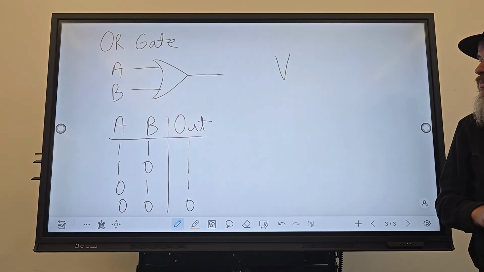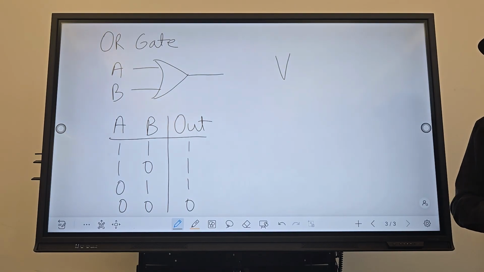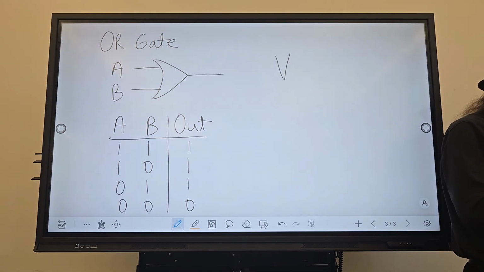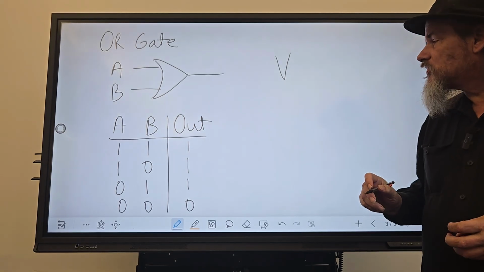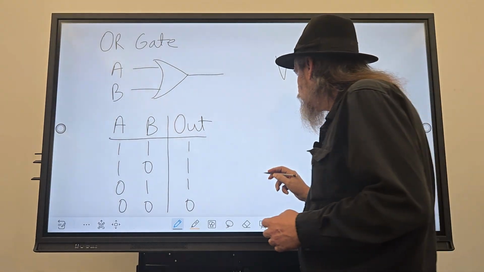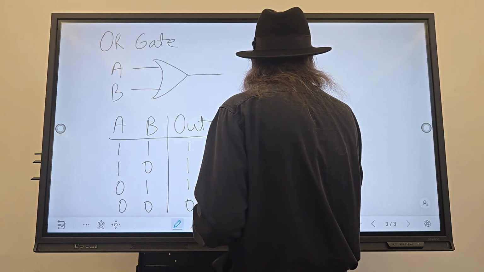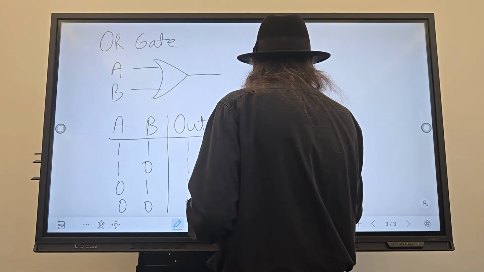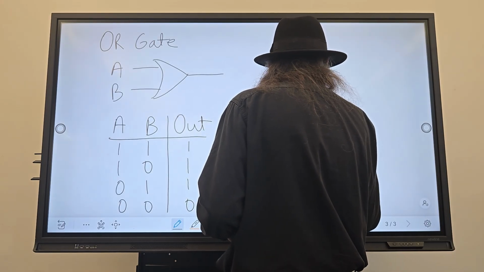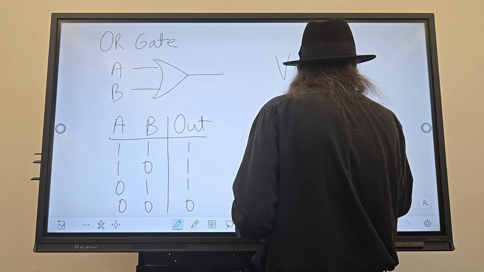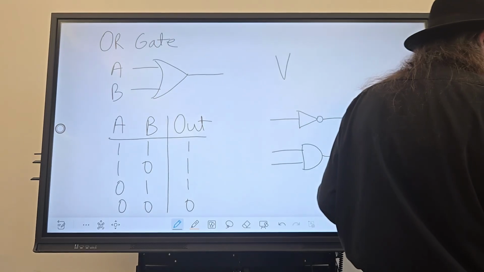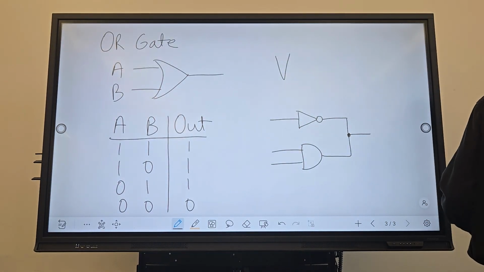So, rules for combinational circuits. Never combine 2 output wires. So say you have an inverter here and an AND gate here. That's a no-no.